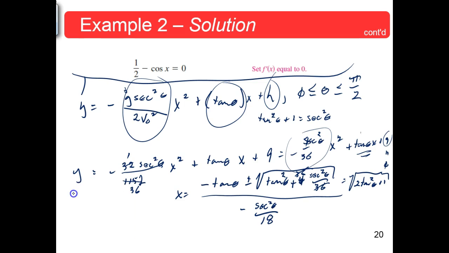So what we have here is x equal to, now, they're going to change everything to sines and cosines, which is not a bad idea. So it's minus sine theta over cosine theta, plus or minus, and I think we can get away with saying, let's just deal with the plus one, because when you do a minus, you have negative, and you don't want the maximum distance to be behind you.